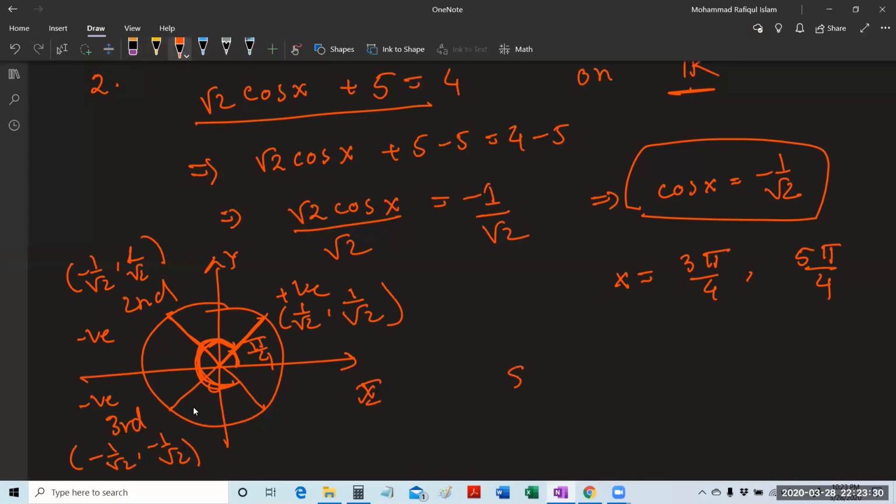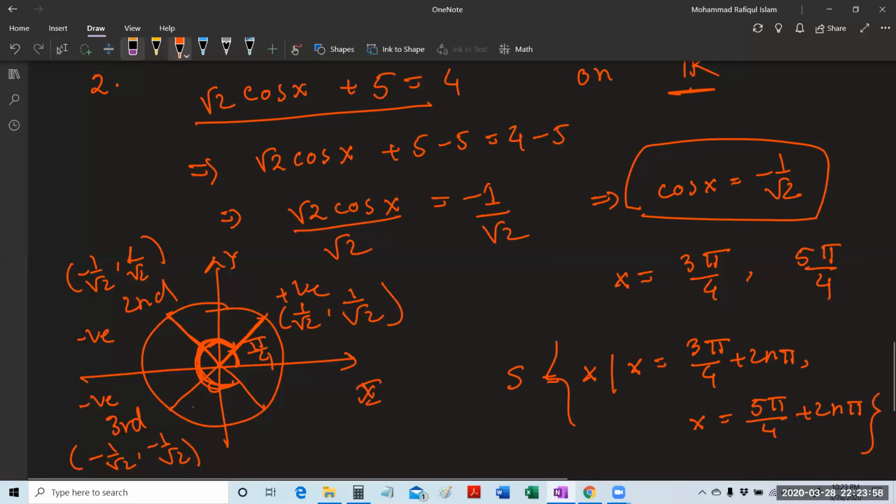The solution set S equals x such that x equals 3 pi over 4 plus 2n pi, comma x equals 5 pi over 4 plus 2n pi.